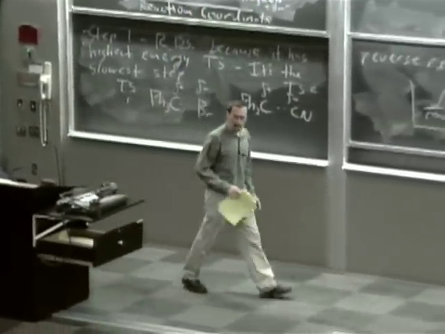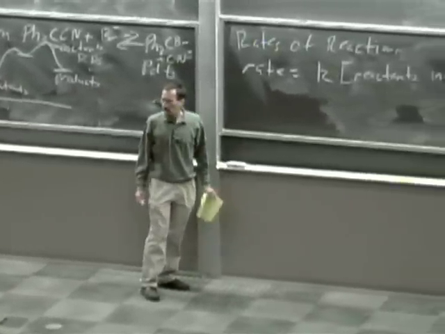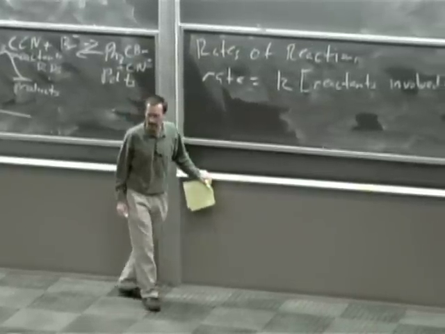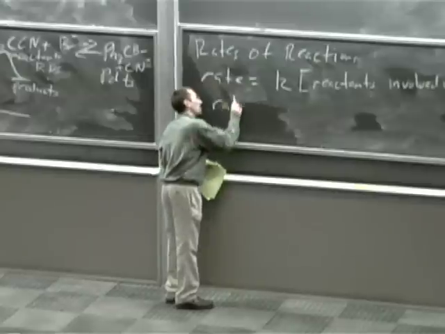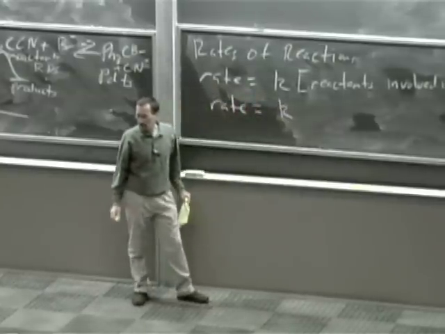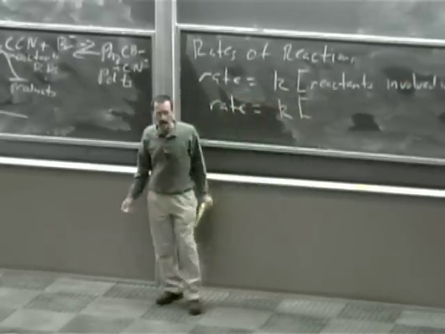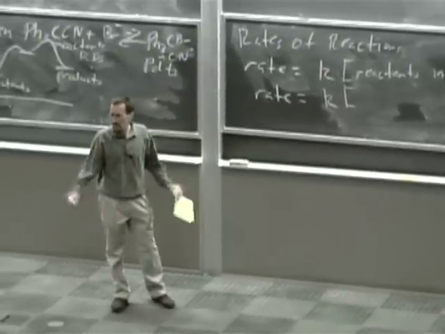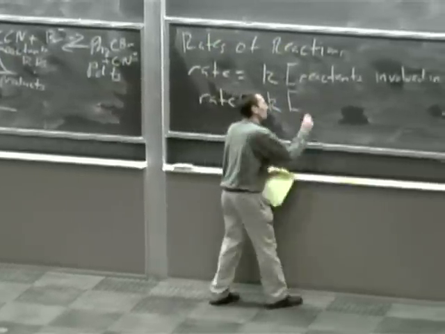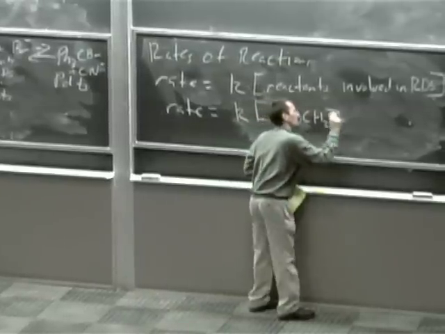So our one-step reaction, our SN2 reaction that we looked at first, our reaction of ethyl iodide, iodoethane, and cyanide, the rate is equal to K, the rate constant for that particular reaction, times the concentration of the reactants involved in the rate determining step. Well, what's involved in your rate determining step? We have ethyl iodide in the rate determining step.